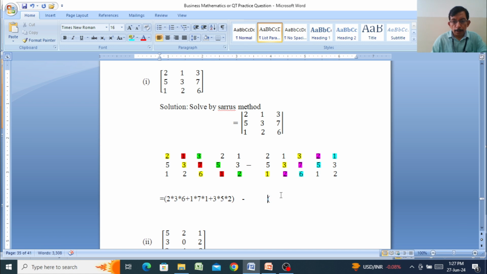Now we take the values 1, 3, 3 plus 2, 7, 2 plus 6, 5, 1. Now simplify in the next step. This is the Sarrus method.